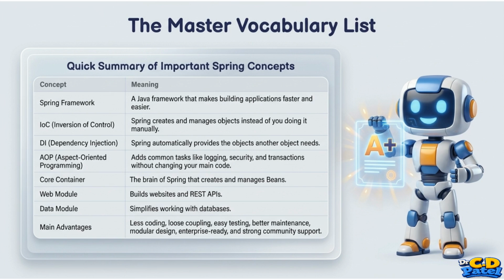AOP, or Aspect-Oriented Programming, handles common concerns such as logging, security, and transactions. The core container is the foundation that manages Spring Beans. The web module helps us build web applications and REST APIs. The data module simplifies database operations. And the major benefits are less coding, loose coupling, easier testing, better maintenance, modularity, enterprise support, and a large community.